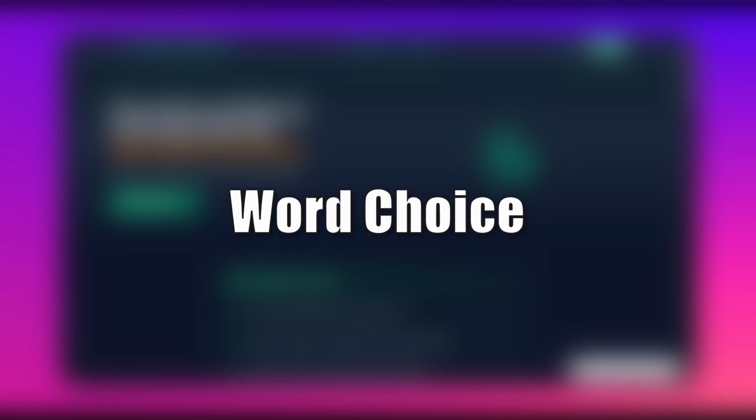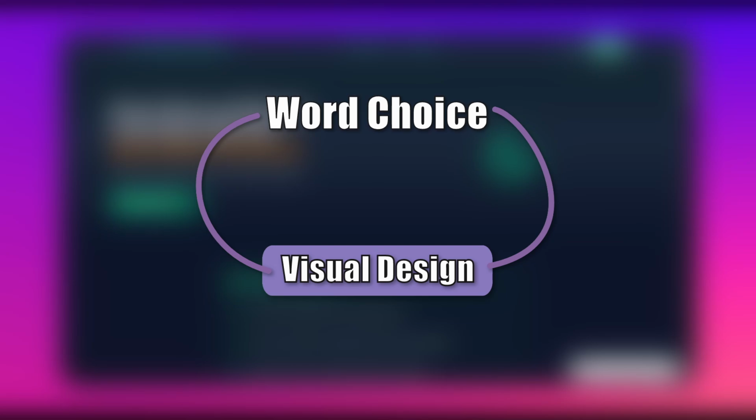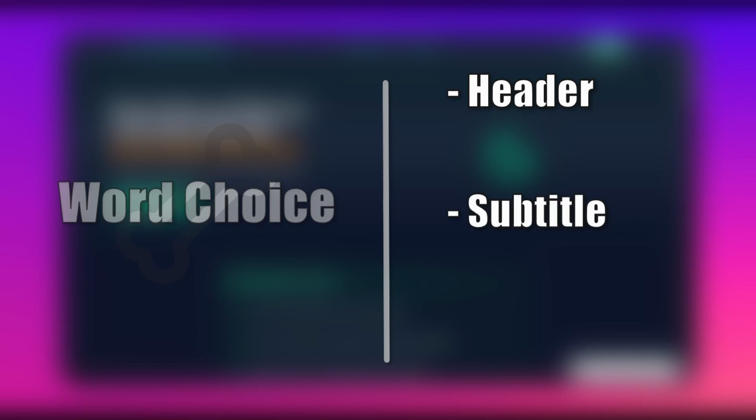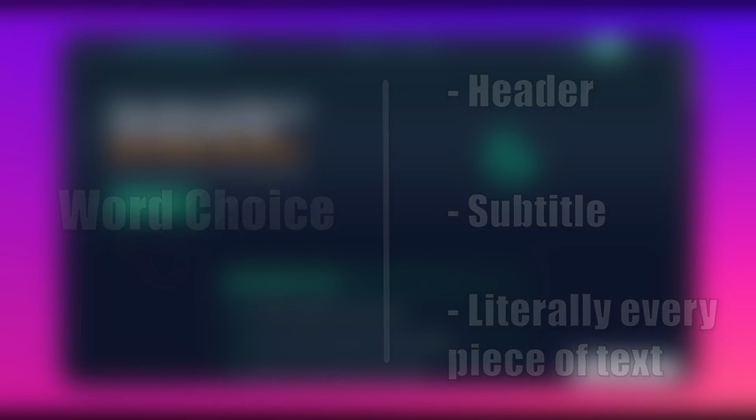Now let's get to an even more important part, inshallah, which is word choice. Beyond visual design, we have word choice. This is so important because this is the backbone of your website's ability to convert. Your header, subtitle, every single text on your site relies on your words being attractive and easy fitting to what you want to sell.